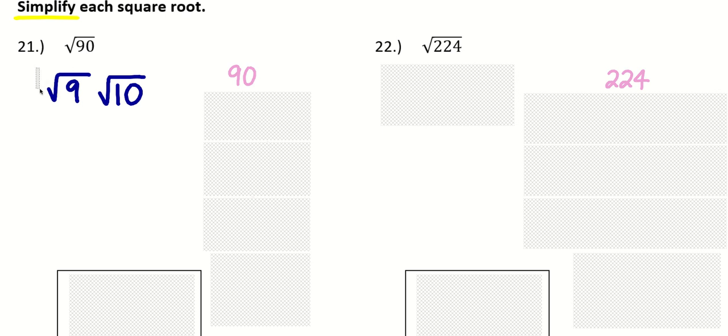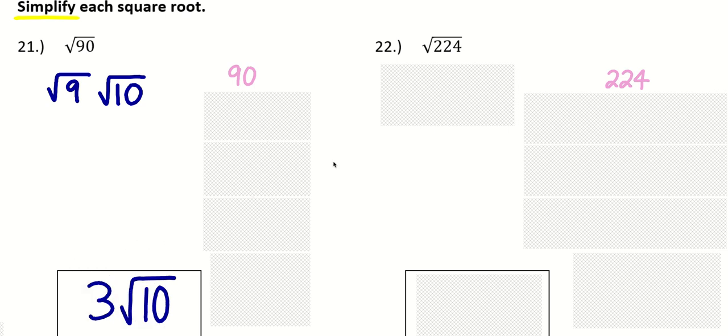So if you're able to figure out the largest perfect square, you just break it off as a factor, and then you just do it. If you can do the square root of 9, that's 3, and then the square root of 10 just remains the square root of 10.